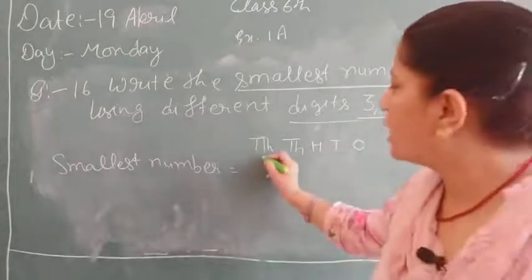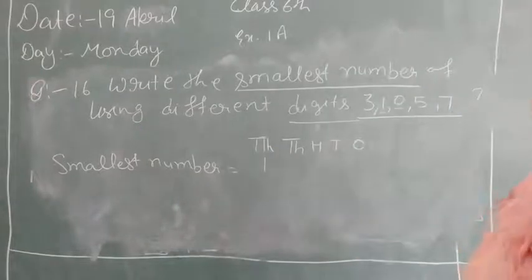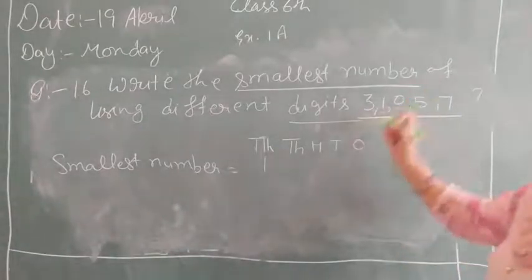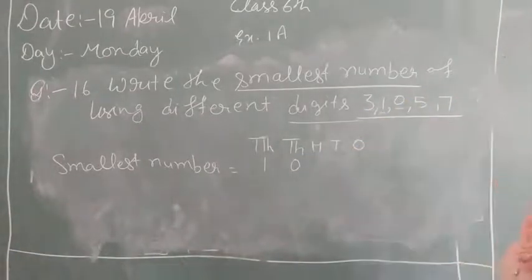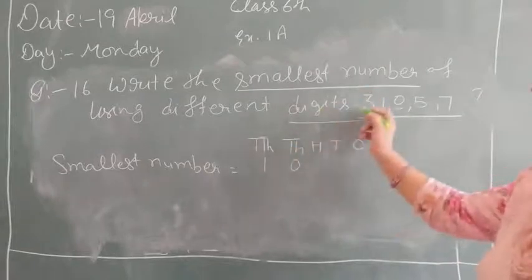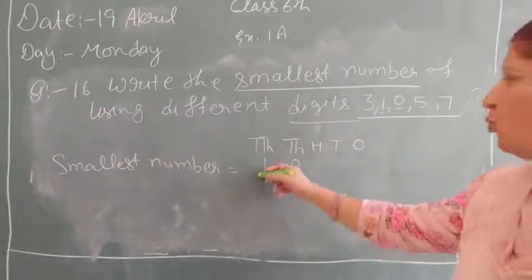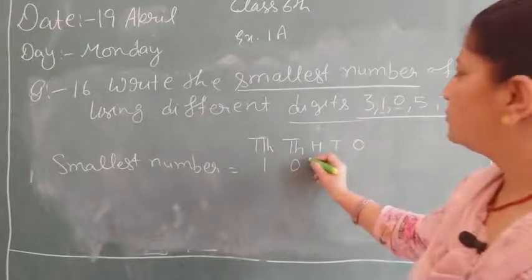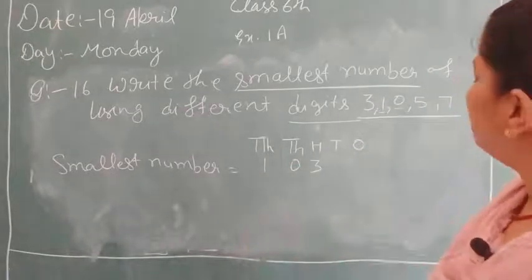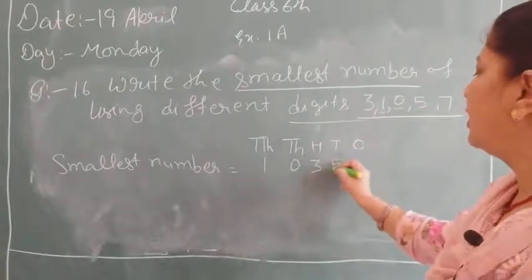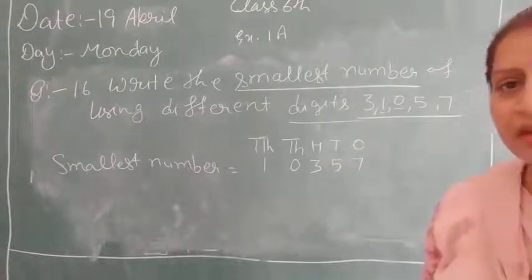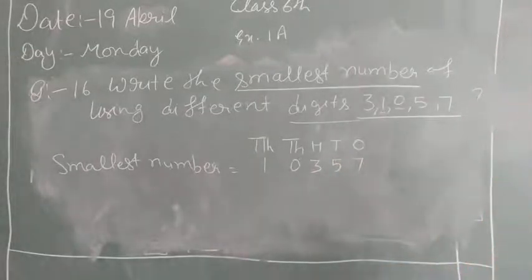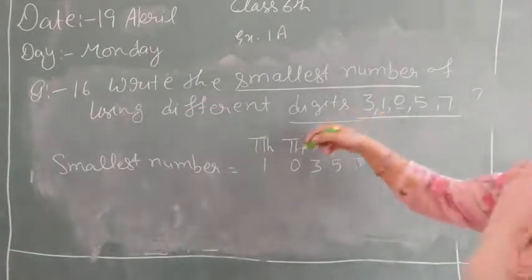So at the 10,000 place we write 1. Then we put 0, and after that we write the greater number than 1, and this number is 3. So at 100 place we put 3 and then 5 and then 7. Clear this one?